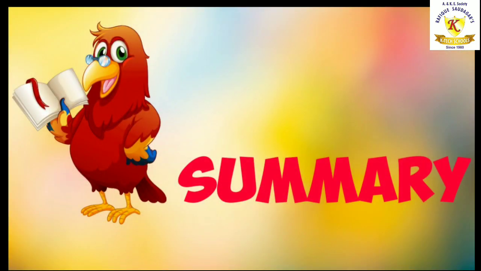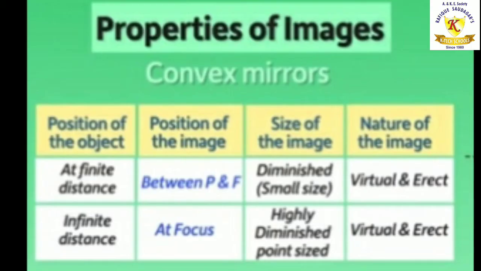Let's have a look at the summary. We have learned the properties of images formed by a convex mirror. At a finite distance, the position of the image is between P and F, the size is diminished, that is small, and the nature of the image is virtual and erect.